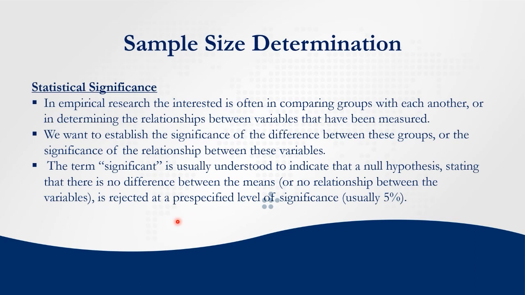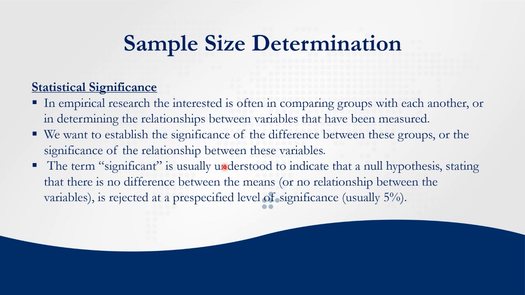So we're usually interested in comparing groups, or in relationships between variables. We want to know if there's a significant difference between these groups, or if there is a significant relationship between the variables that we are looking at.